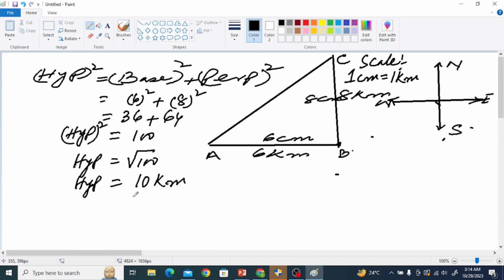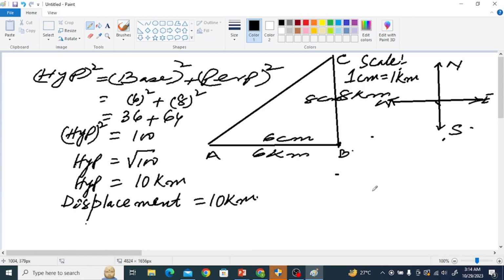So the square root of 100 is 10. So the hypotenuse represents the displacement of 10 kilometer. So what does the displacement represent here? The hypotenuse represents the displacement. So we got the value for displacement as 10 kilometer.